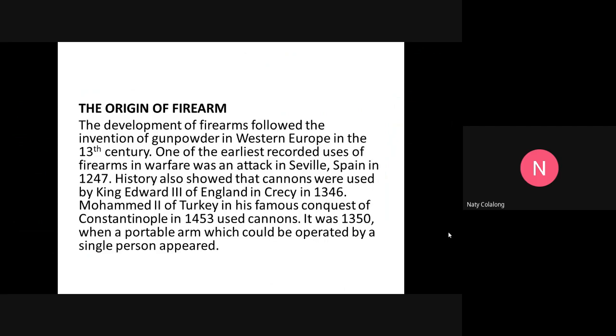History also showed that cannons were used by King Edward III of England in Crecy in 1346. Mohammed II of Turkey, in his famous conquest of Constantinople in 1453, used cannons. It was in 1350 when a portable arm which could be operated by a single person appeared.